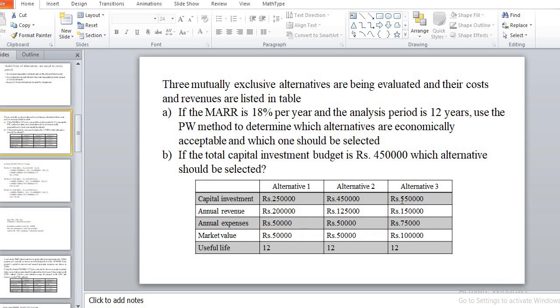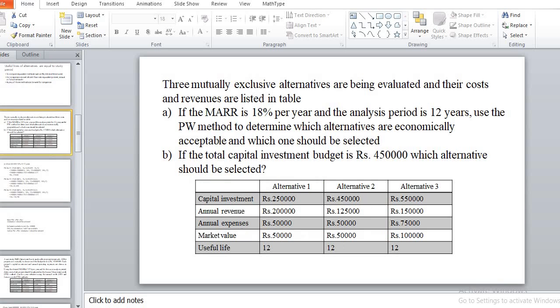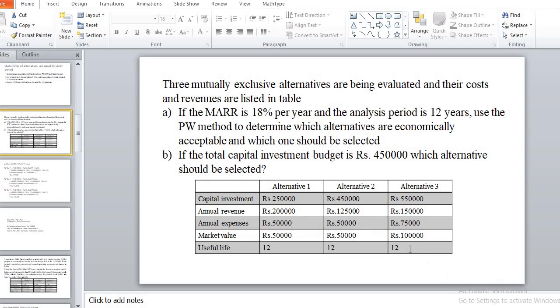Here this time the capital investment is 5,50,000. R minus E now becomes 1,50,000 minus 75,000, so it becomes 75,000. And salvage value is 1 lakh.